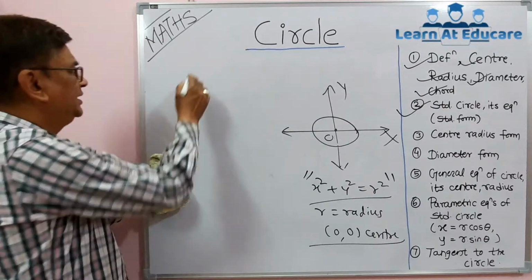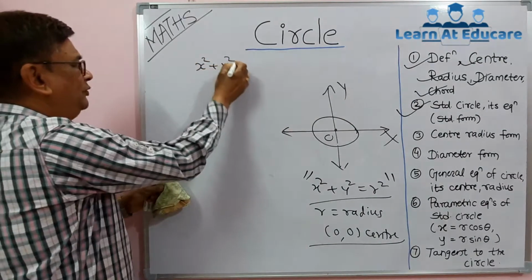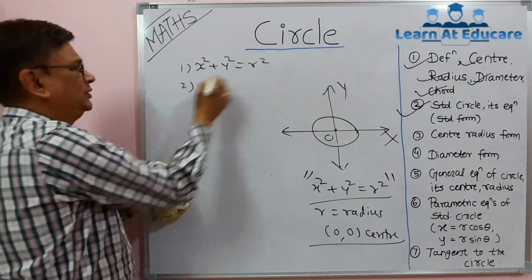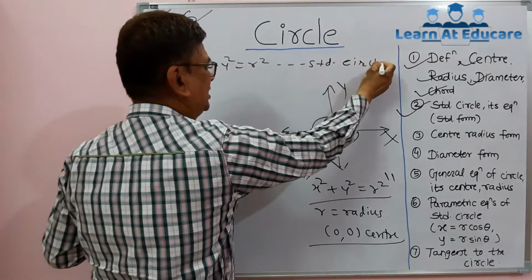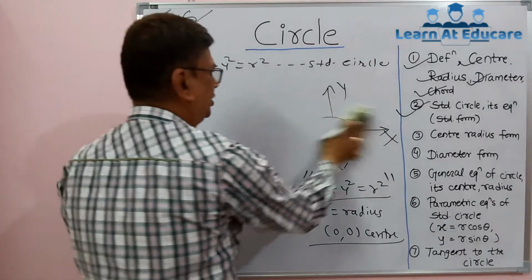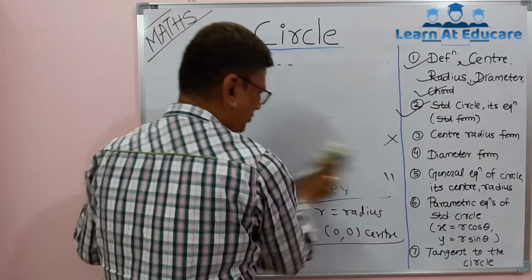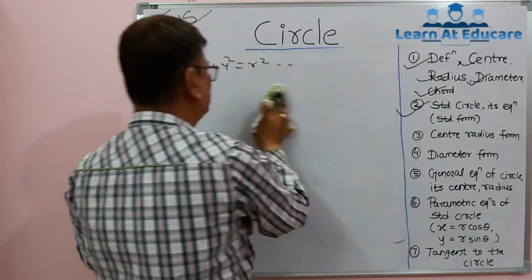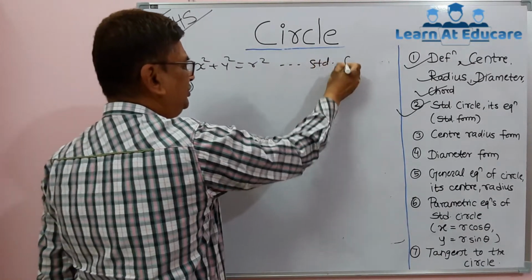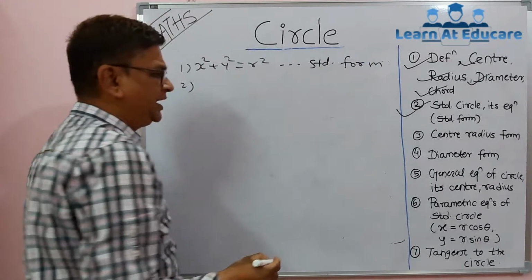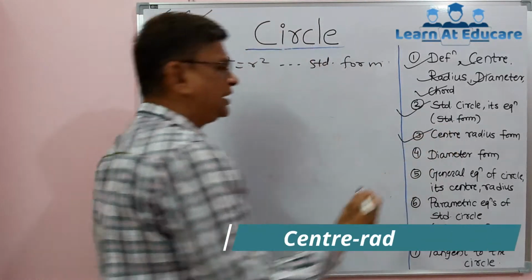So we may call x square plus y square equal to r square the equation of a circle in the standard form.